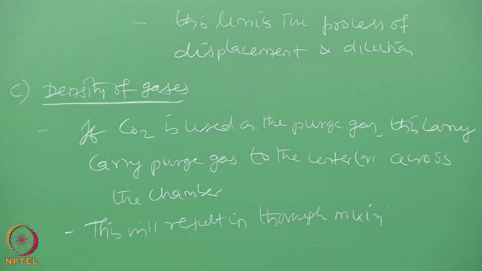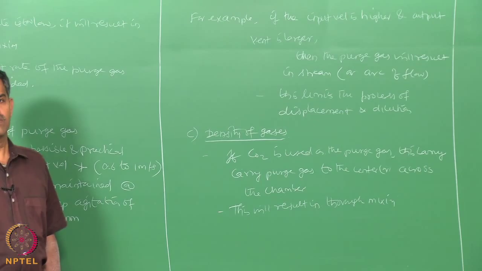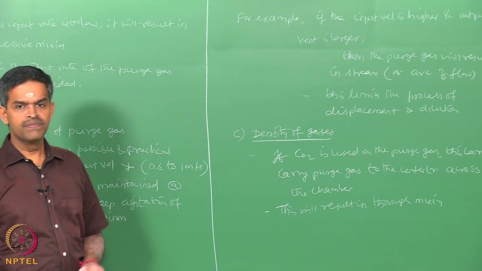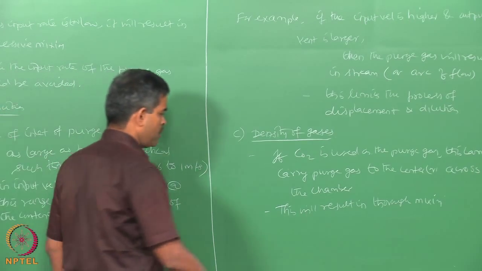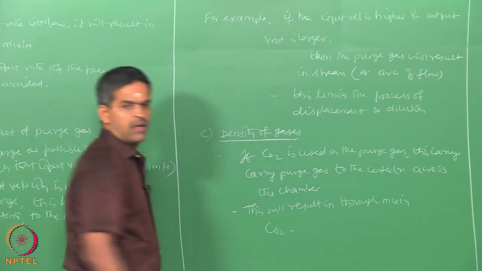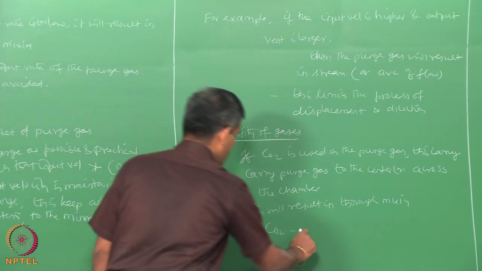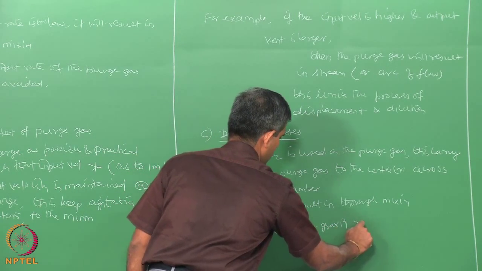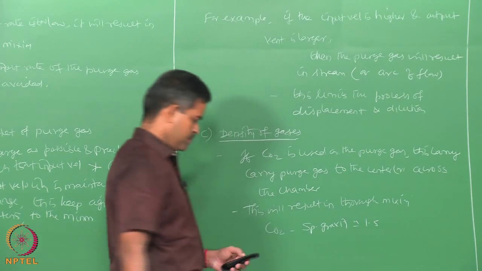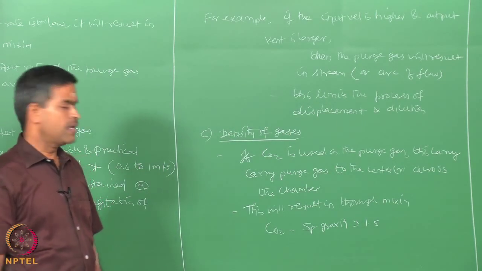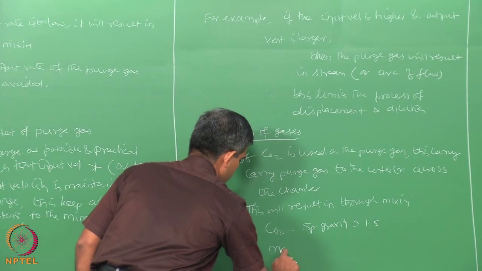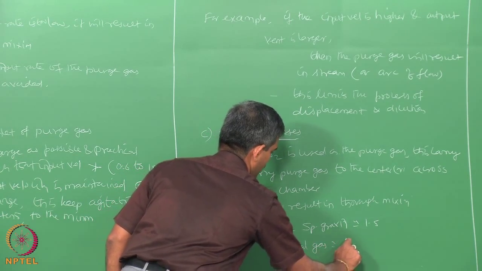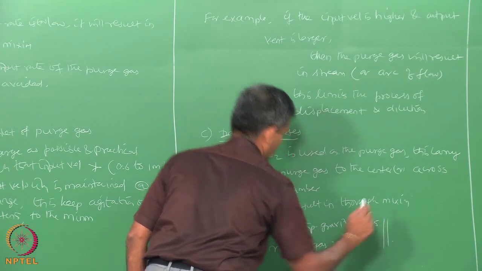This is large enough when compared to that of natural gas, whose specific gravity is about 0.6, because carbon dioxide has a specific gravity of approximately 1.5, whereas natural gas has a specific gravity of approximately 0.6.